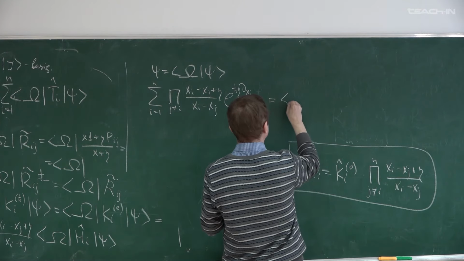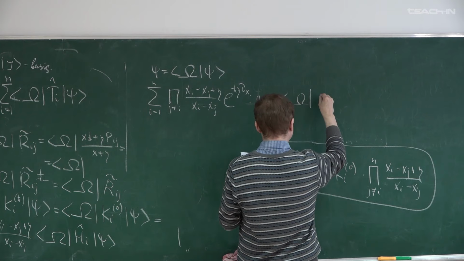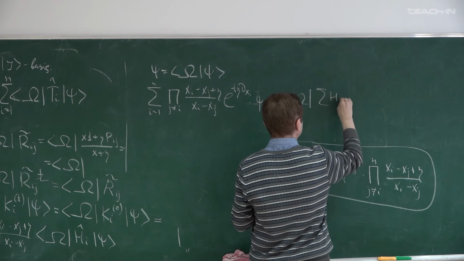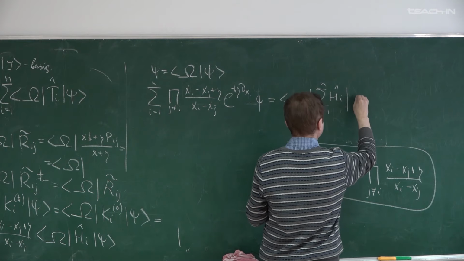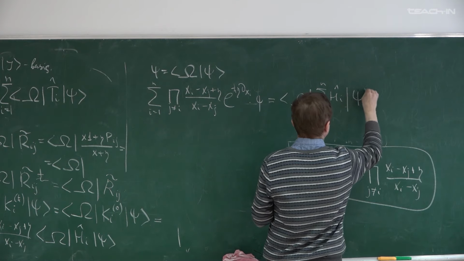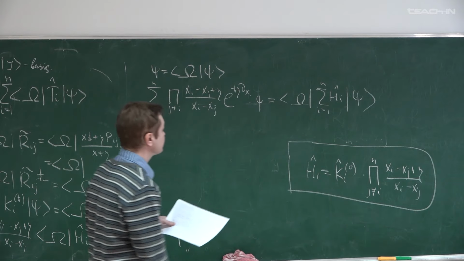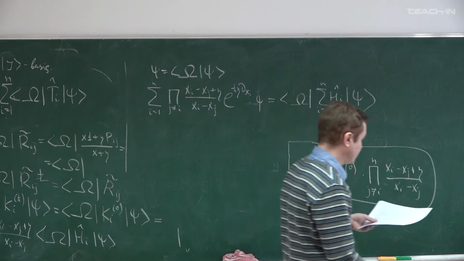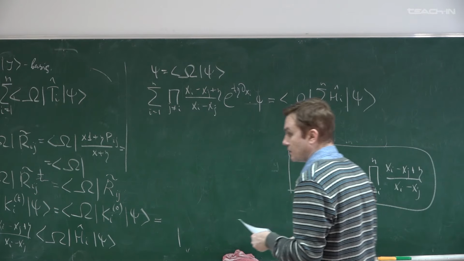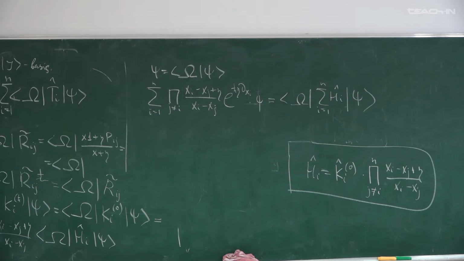And then if you sum up all these equations, you obtain omega, sum of h, psi. And this sum of h can also be computed. The sum of h is just a sum of all residues of the transfer matrix.